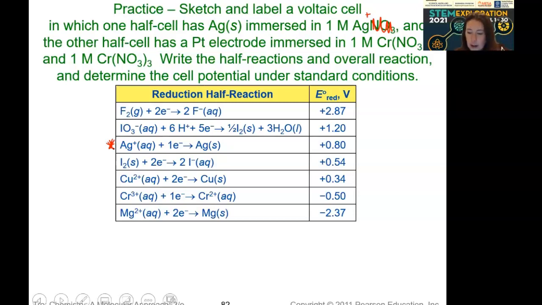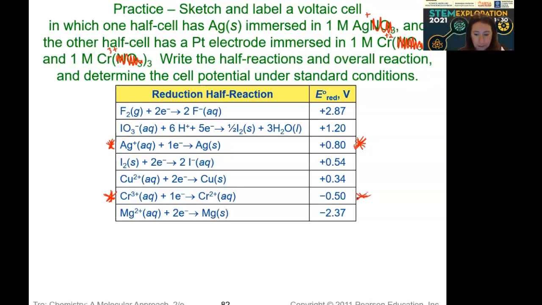And it has Cr, again, this nitrate, this is 2 plus, and chromium 3 plus. There it is right there. So these are the two reactions we've got. Does everyone see how I got that part, right? I just went and looked for the table.